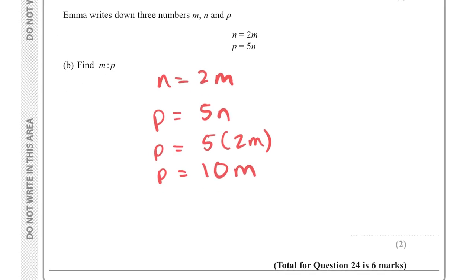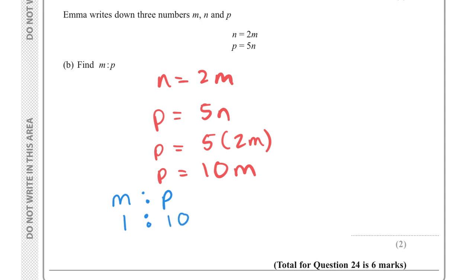That just means that for every 1P, you need 10 M's to make the same amount. And the only tricky bit here is which way around your ratio is going to go. It's either going to be 1 to 10 or 10 to 1. Now we're going from M to P. Okay, so for every 1 M that we have, you need 10 P's.